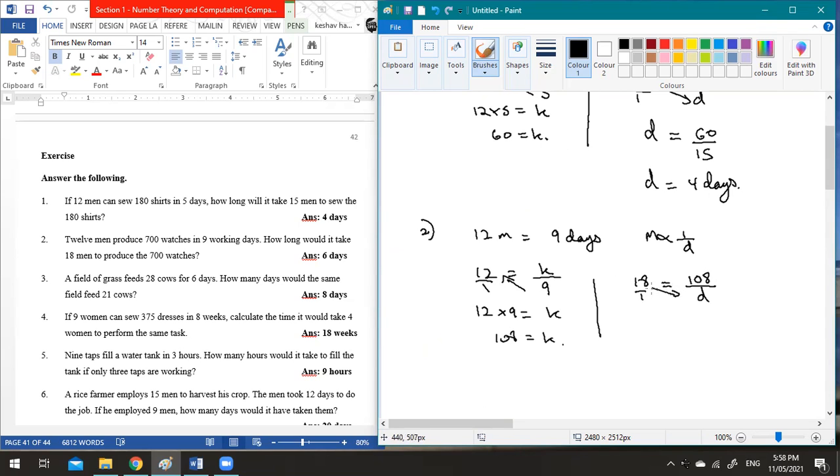And again, switch positions. So days will come here, and 108 over 18. I don't know my 18 times table, so I have to break it down. 9 into 18 is 2. 9 into this is 12. 2 into 2 is 1, 2 into the 6. So it'll take them 6 days to do the job.